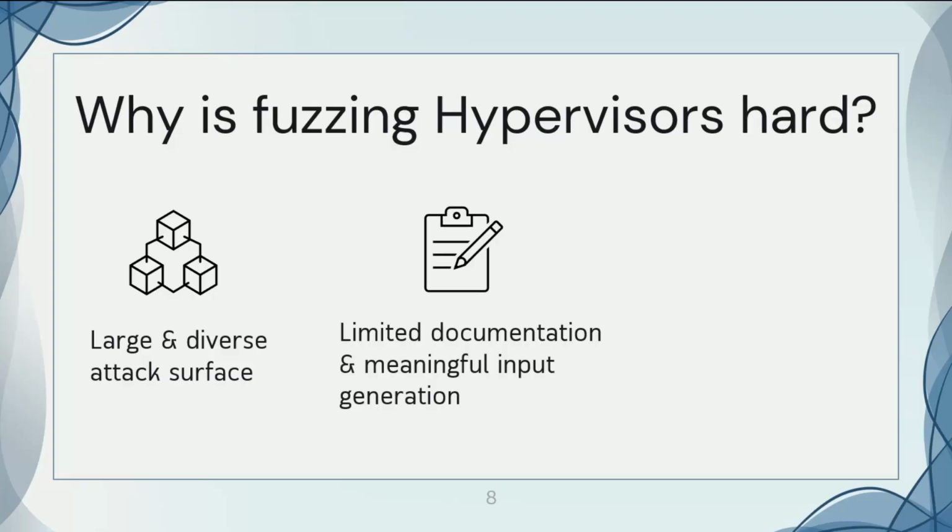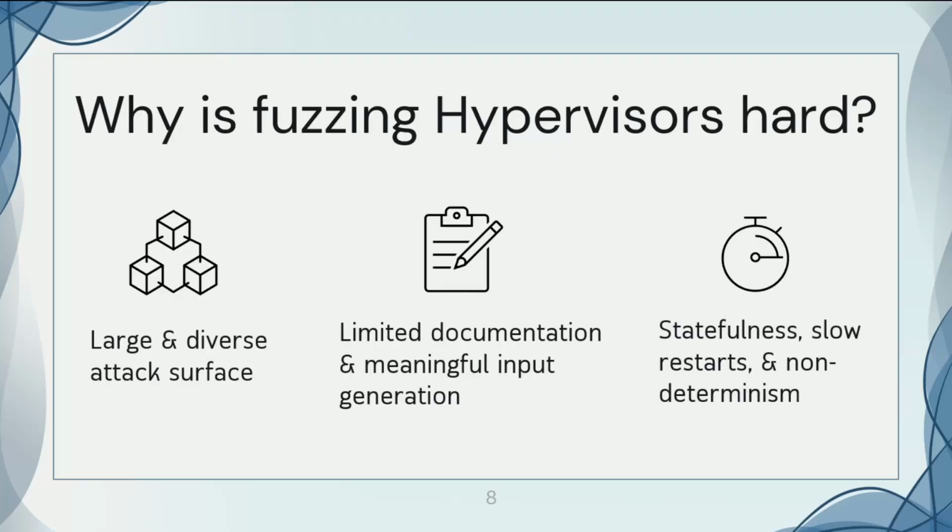Another problem is that there are hypervisor interfaces that are undocumented or poorly documented. So for a fuzzer to generate realistic and meaningful interactions is difficult when there are no clear specifications. The final thing is that hypervisors are very long-running and stateful systems most of the time. Additionally, rebooting a hypervisor or a virtual machine is very slow.